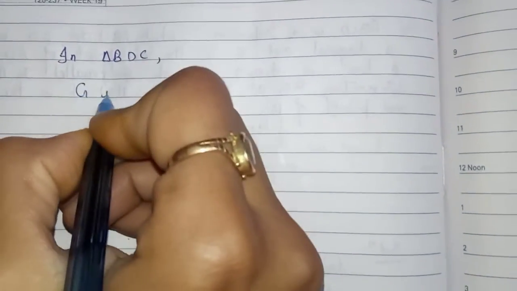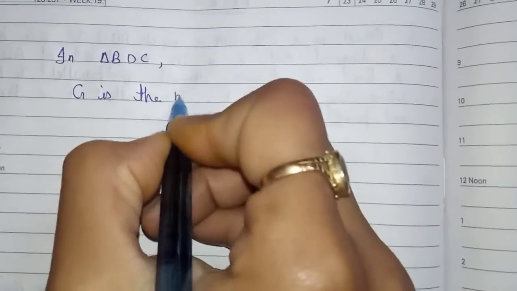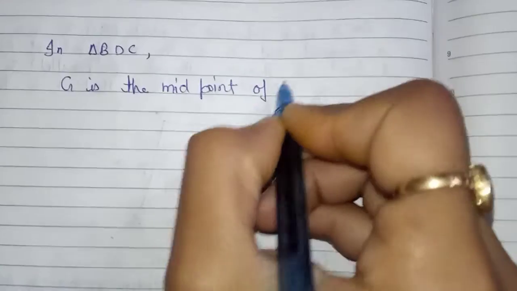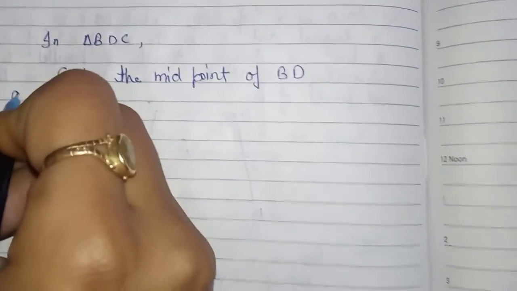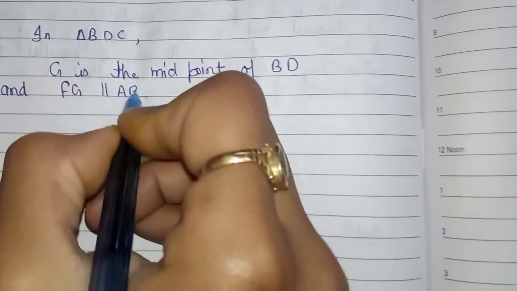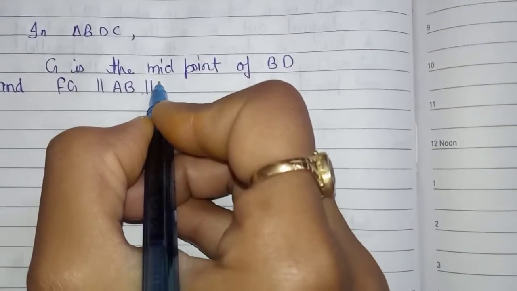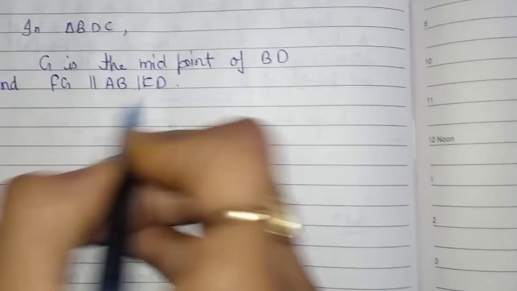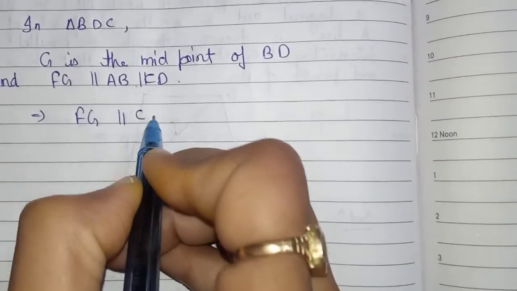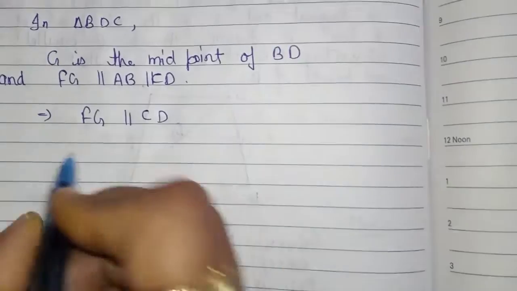So in triangle BDC, G is the midpoint of BD and FG is parallel to AB, AB is parallel to CD, implies FG is parallel to CD.